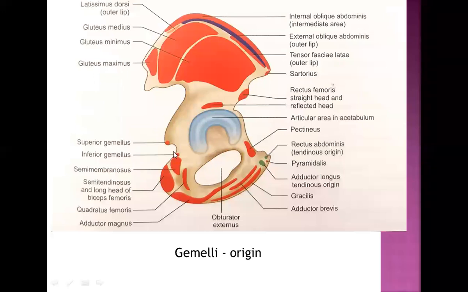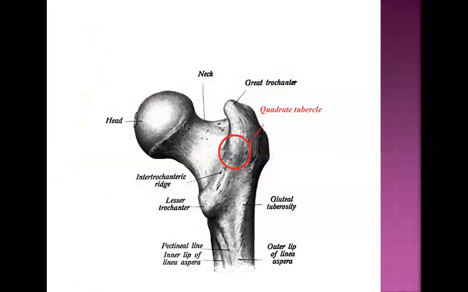Yes, superior gemellus is originating from the ischial spine, and inferior gemellus will be originating from the ischium in relation to the lesser sciatic notch. Good. The ischial spine and the structures related to it are important. Apart from that, the origin of the superior gemellus as well.